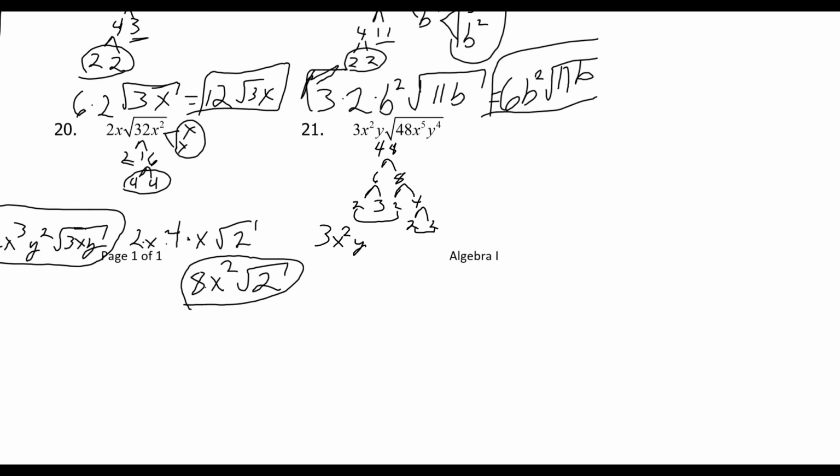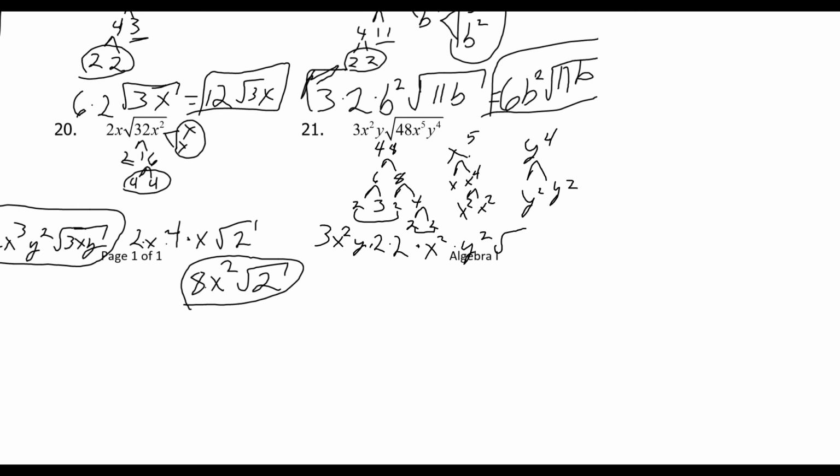So that means I need to pull out 2 sets of 2's. So 2 and 2. Alright, now x to the 5th, that breaks apart into x and x to the 4th. X squared, x squared. So multiply by x squared. Then we got y to the 4th, and that's y squared and y squared. So I'll pull out a y squared.